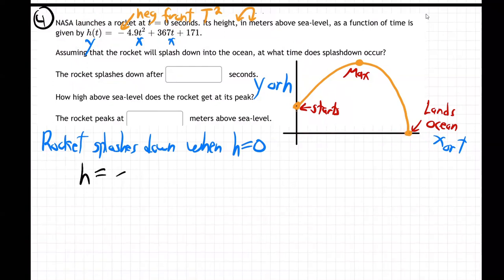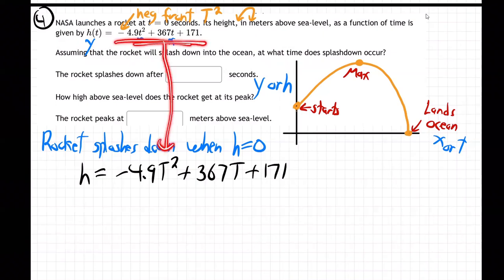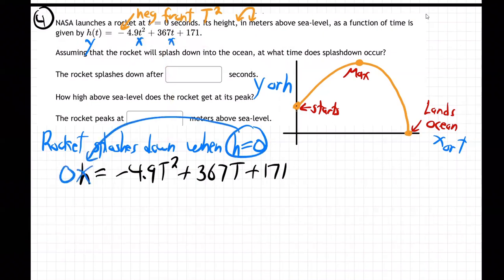Height equals minus 4.9 t squared plus 367 t plus 171. Just grabbing this formula right here. Bring it down, and then just grab that 0 and plug it in right here. Just pop in a 0, because that's what we're trying to find. When is the height 0? When does it hit the ocean? So then solve for t.